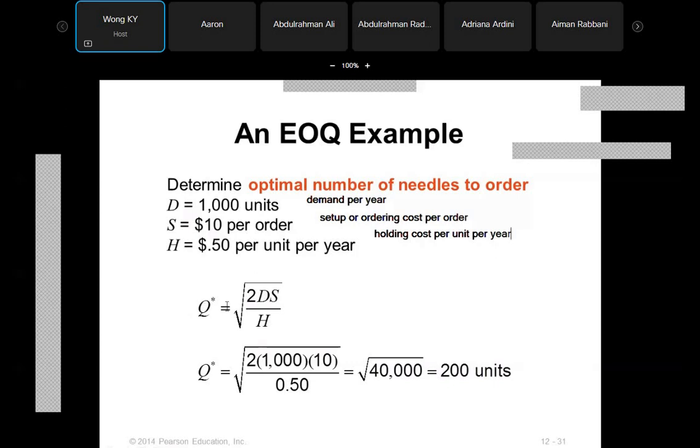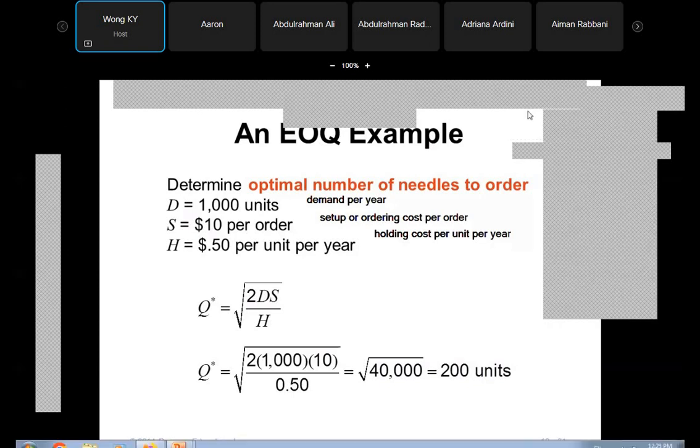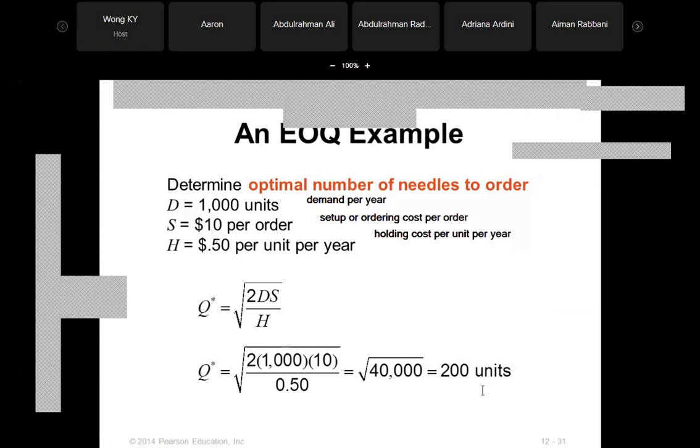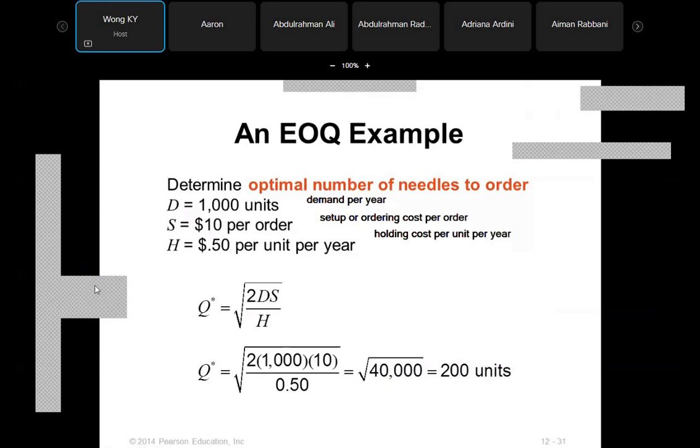So Q star, as I already said, is equal to square root of 2 times D times S divided by H. Right? So 2 times D is 1000, S is 10, H is 0.5, which is 40,000. You take the square root, gives us 200 units. So I hope you understand the meaning of this 200 units.